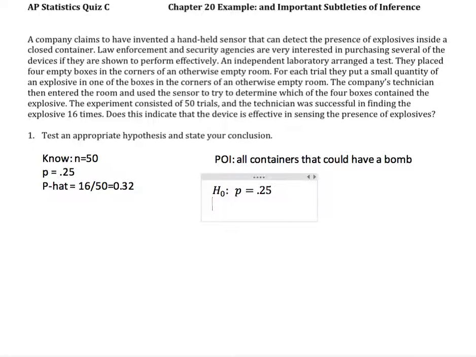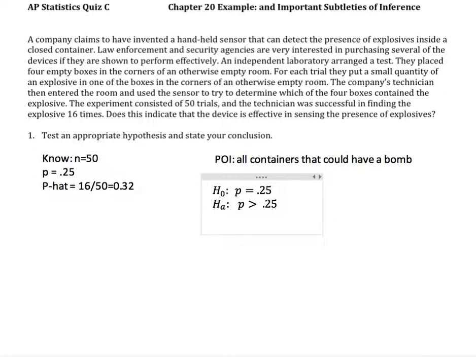Our alternative hypothesis is going to be, of course, that something unusual is going on. So H sub A is going to be that p, we could do a 2-tail test, a 1-tail test. What do you think? Well, I think we're not really interested if it's extremely unlucky. So I think this is a 1-tail test. We're looking at, does it detect the bomb more than 25% of the time?